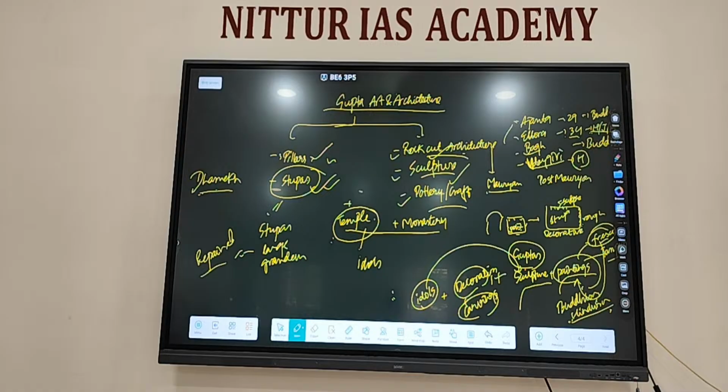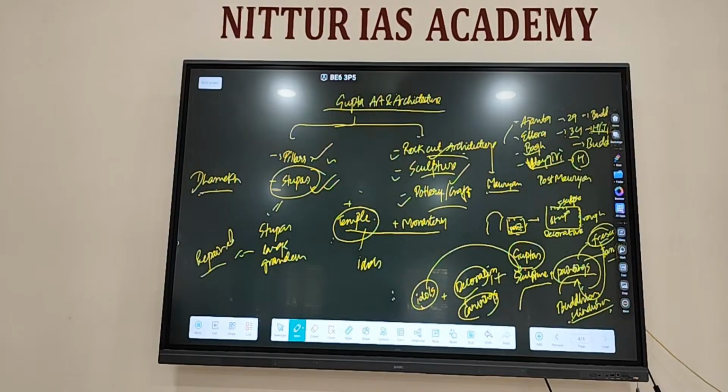They are all fresco murals only. Next we read Ellora Caves.